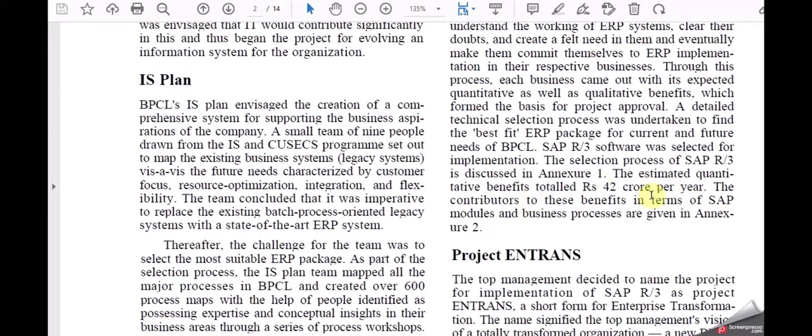Yeah, 42 crore per year is what the estimated quantitative benefits were mentioned as. So it is also there. How did they manage that kind of information? I'll tell you, you can find out a little more information from the internet that will give you better detailed information for the cost one.